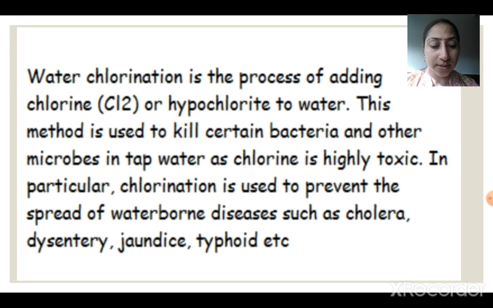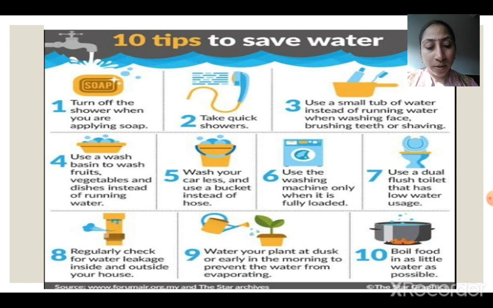So chlorine removes the impurities, right? Chlorine gas can be passed through water, or chlorine tablets can be put in the water to kill the germs present in water. This process is called chlorination.